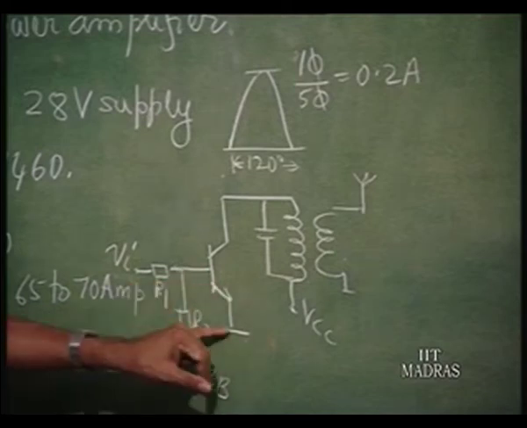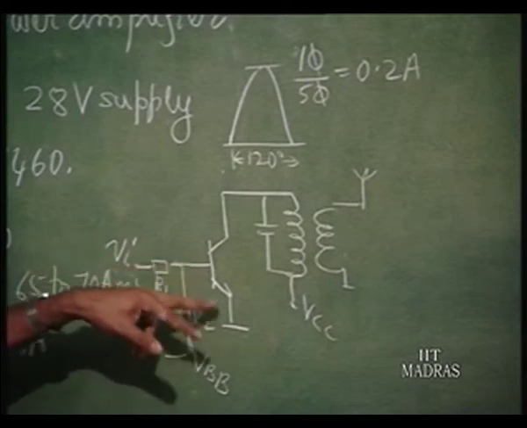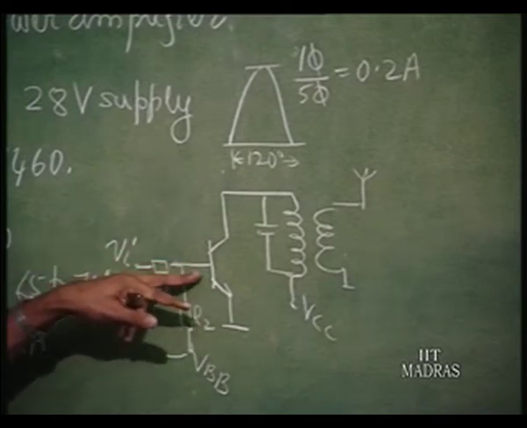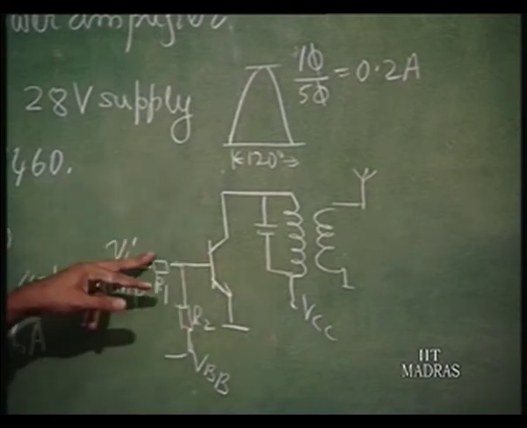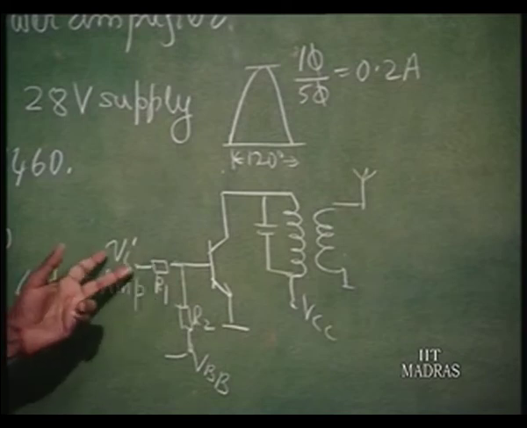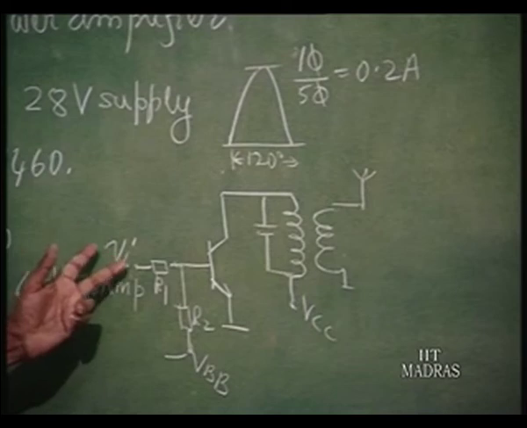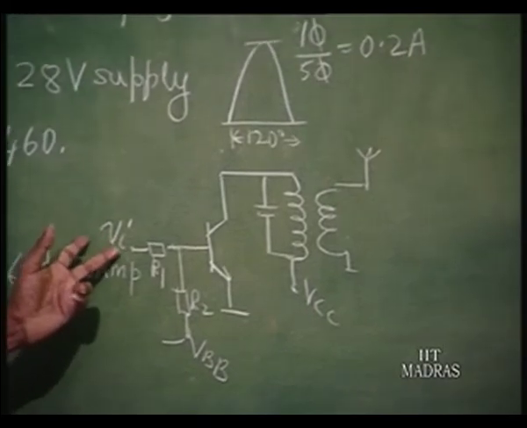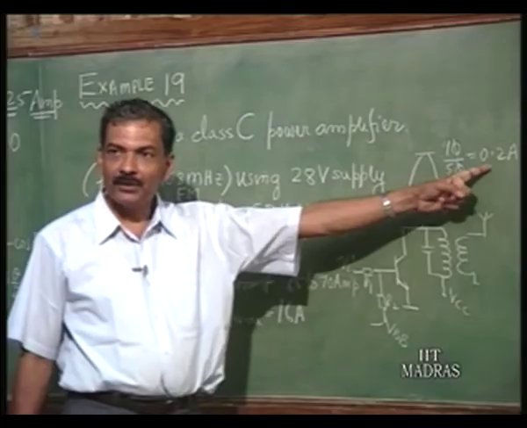So, if you take it as about 1 volt, then above 1 volt when it conducts you assume that it is a battery, that means the entire current which is VI by R1 will be pumped into the transistor. Okay. So, you have to assume that this part of the waveform is going to be generated by a sine wave drive here with specific value of Vp. So, that Vp minus 1 divided by R1 is going to be your 0.2 amperes.